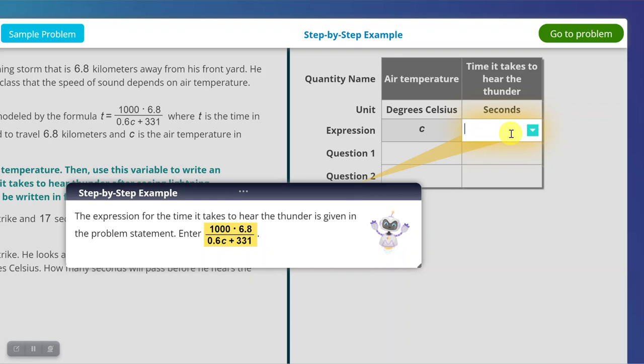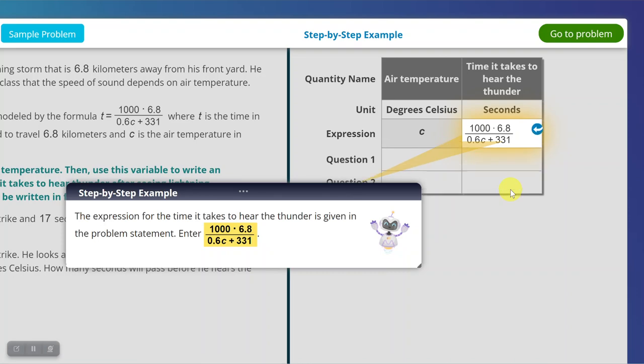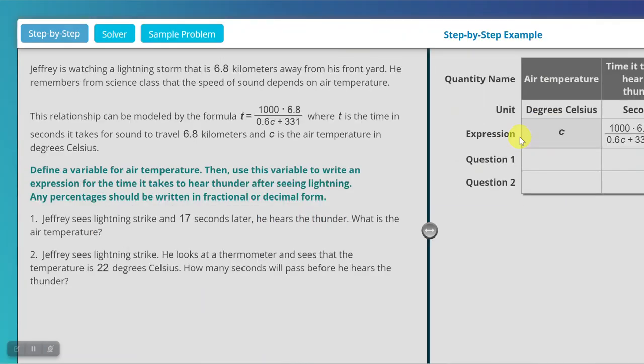Let's do the division first because there's a lot going on. 1000 times 6.8. And then in the denominator, we are going to have 0.6C plus 331. Just copying it. Push enter.